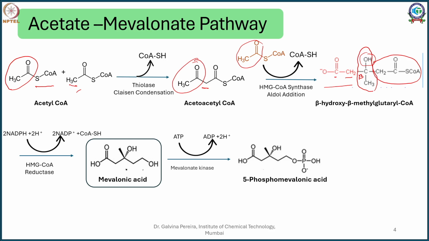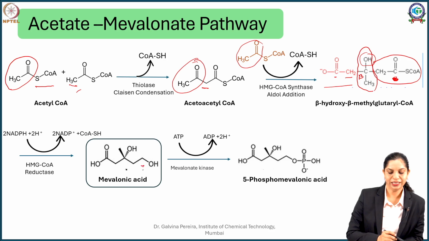Now this undergoes what is called a reduction as well as elimination. The reduction happens here, and as a result you can see this getting converted into an alcohol. And because the reduction happens, this enzyme is called a reductase.